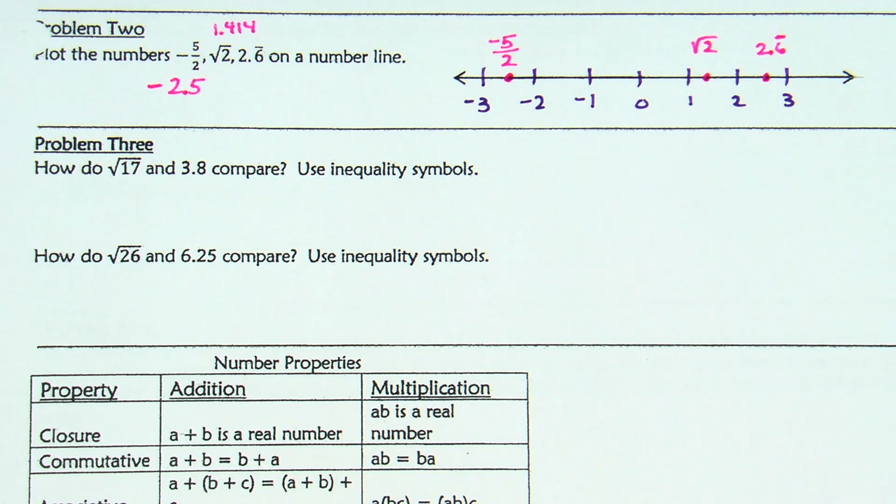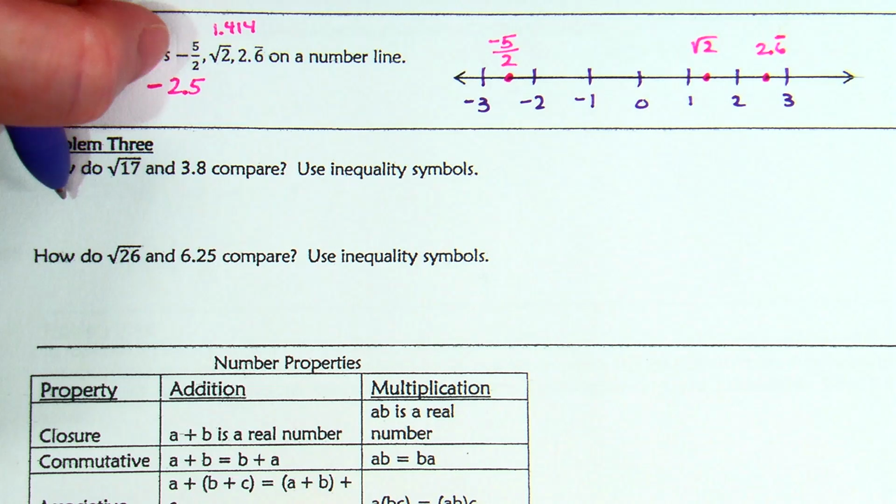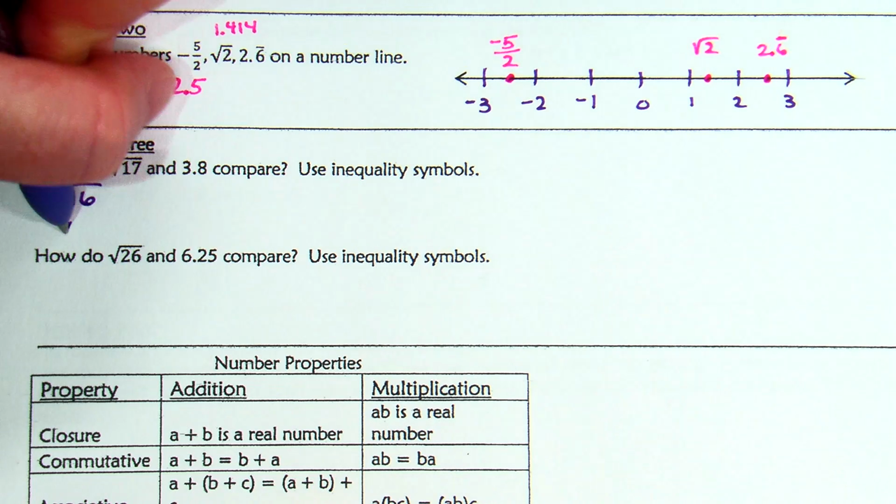What do we know about the square root of 17? It's close to the square root of 16. And why is the square root of 16 important? Because we know it, right? We know the square root of 16 is 4.